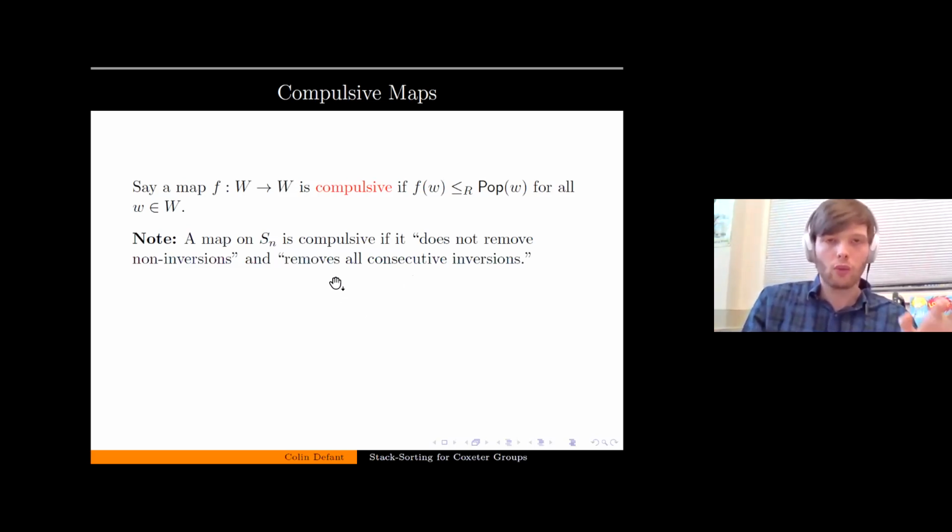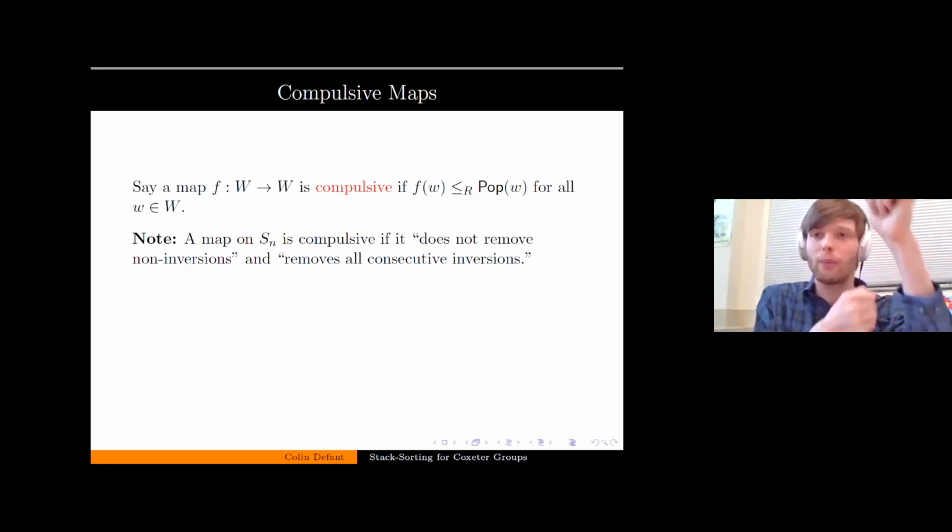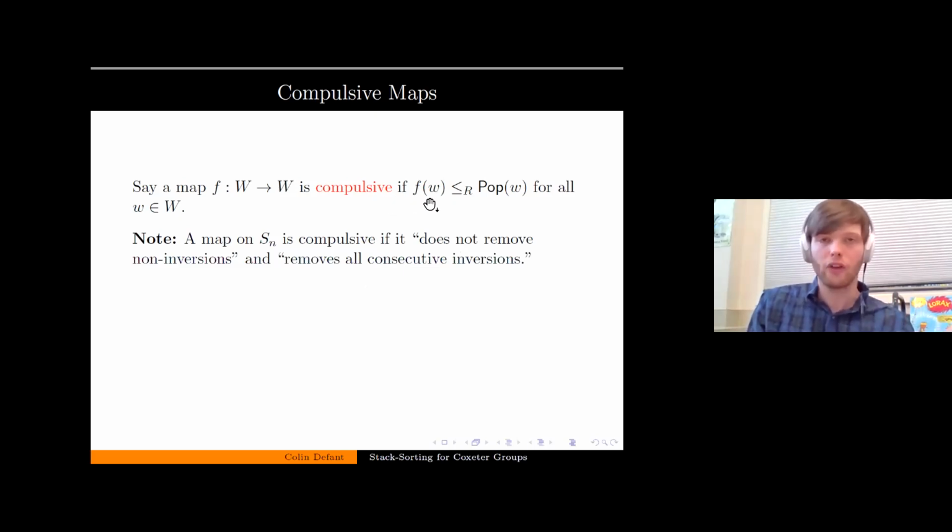And what it means to remove all consecutive inversions is just that if you have two numbers that are in the wrong order, but they're right next to each other, so the bigger one is right before the smaller one, then those numbers will appear in the correct order after you apply this map to the permutation. So these two conditions together are equivalent to saying that your map is compulsive.